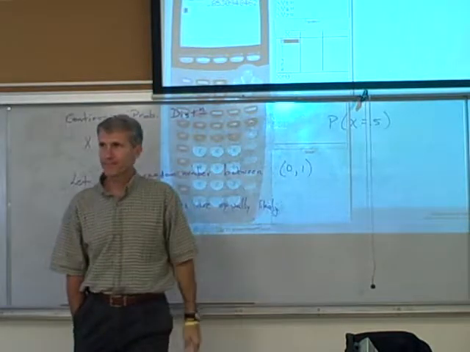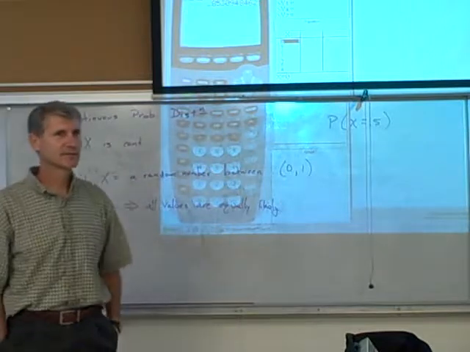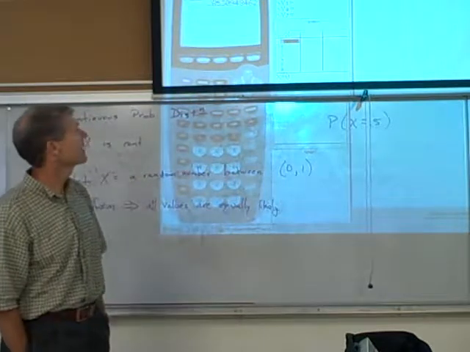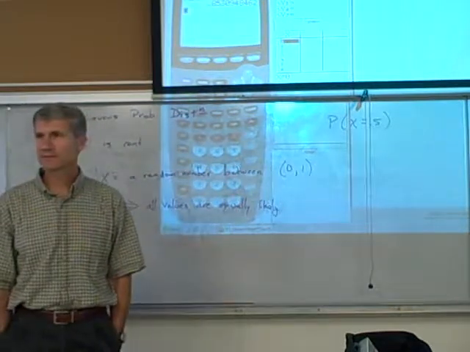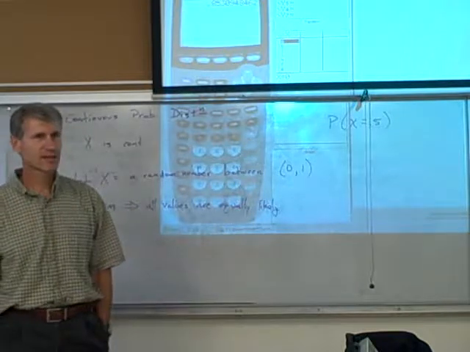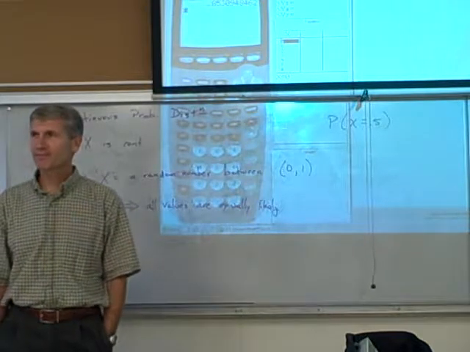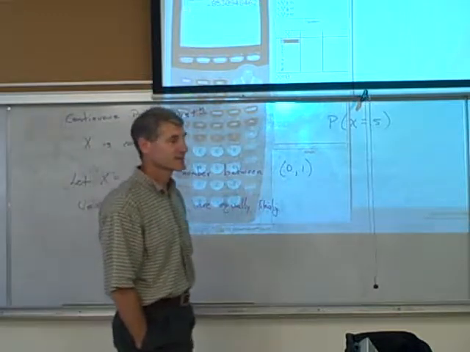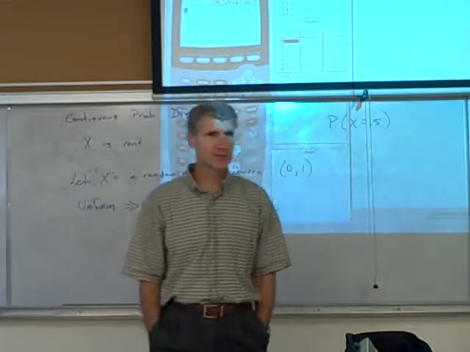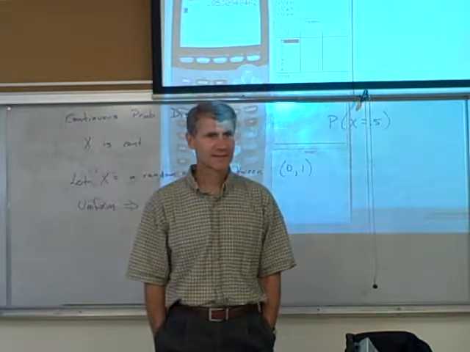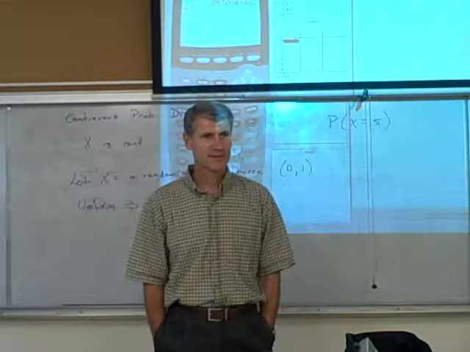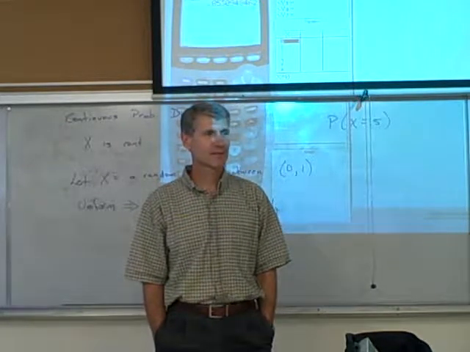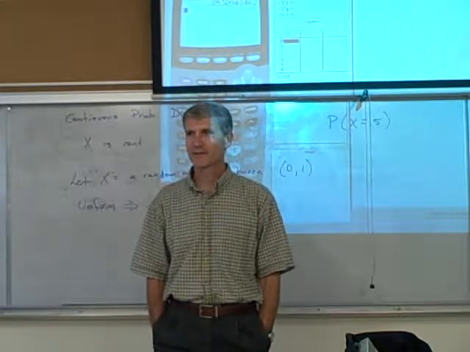Anybody get the same number I got? I got 0.85309. No? Okay, good. Remember, when the calculator first comes from the factory, sometimes they're set with a random number seed. What number did you get? 0.5973. Anybody else get that same number?